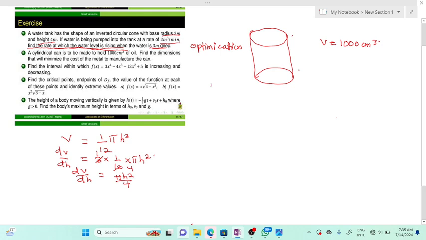For the surface area A of a cylinder, there are 2 circles, so you are going to have 2 pi r squared. That will be the area of the two surfaces here.